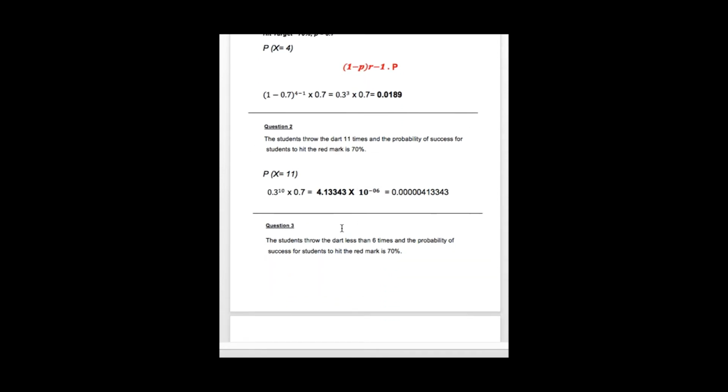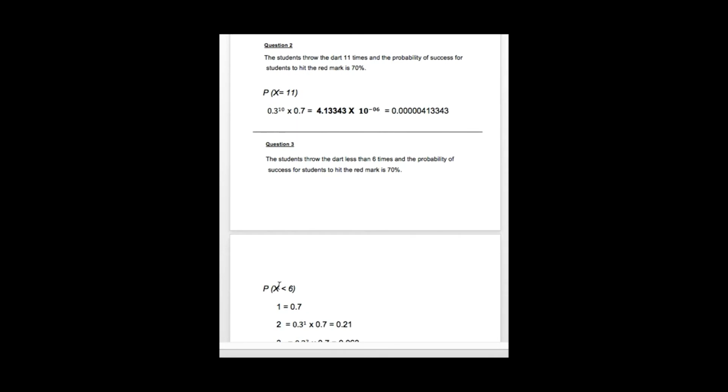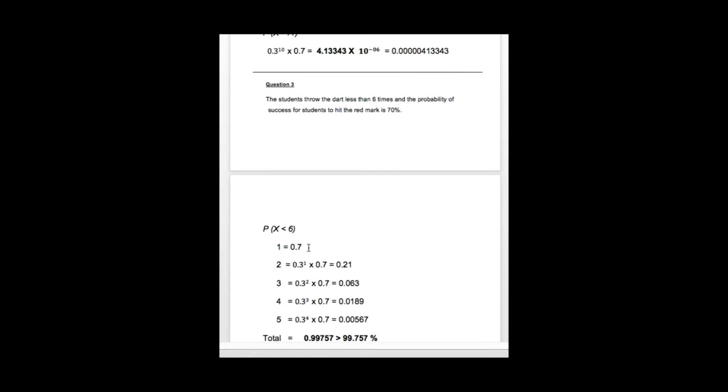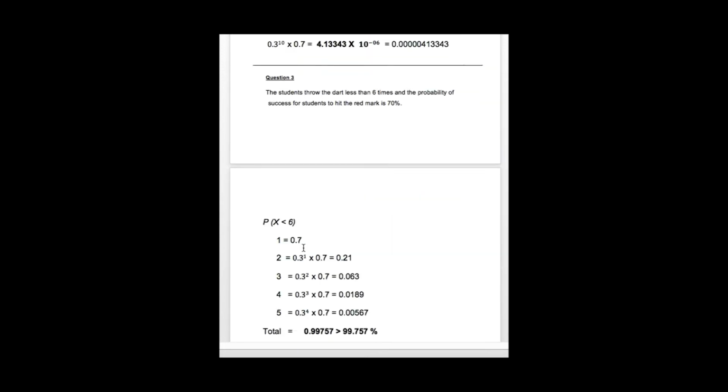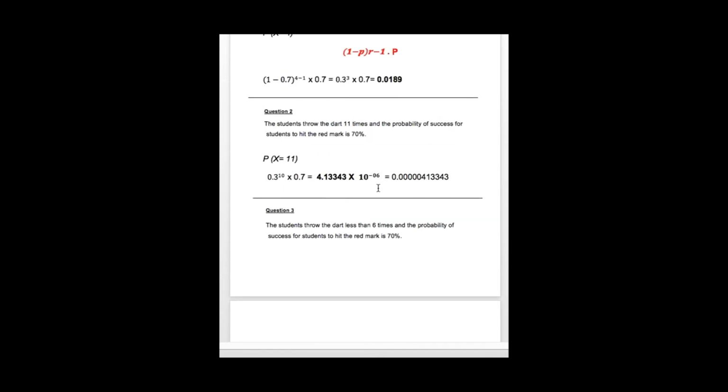Then question 3: the student throws the dart less than 6 times and the probability of success for the student to hit the red mark is 70%, which is P(X less than 6). We must search the data below 6, 1 until 5. The first is 0.7, and then for the second we substitute the data into this formula: 0.3 to the power of 1 multiplied by 0.7 equal to 0.21.